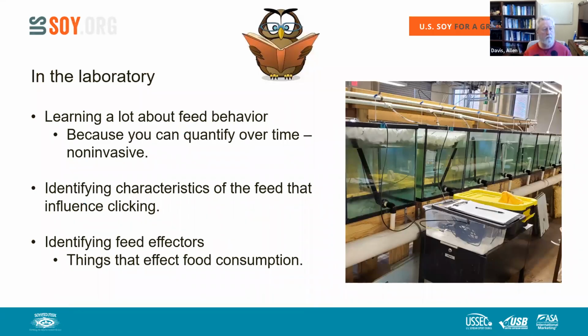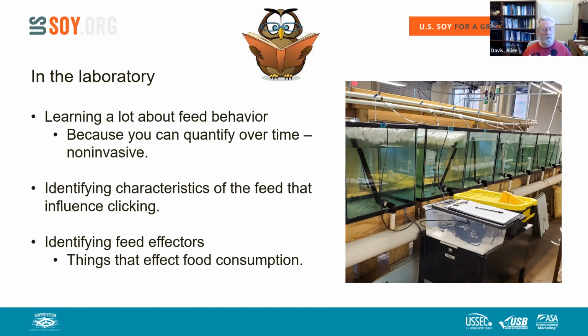So in the laboratory, we've learned a lot about feeding behavior because you can quantify over time using a non-invasive procedure. We can identify characteristics of the feed that are influencing the clicking, which is then correlated to intake.